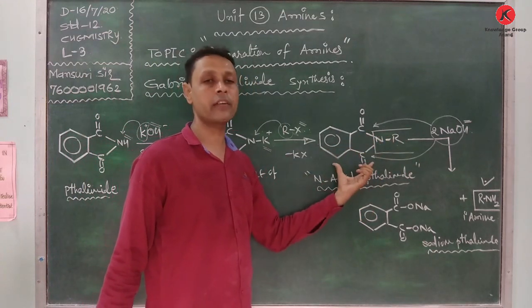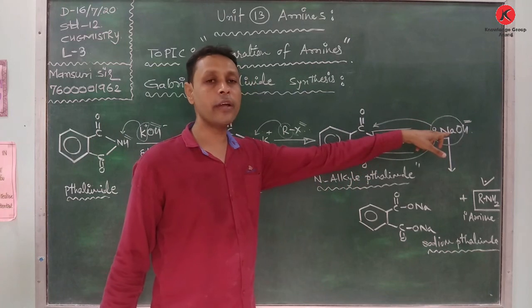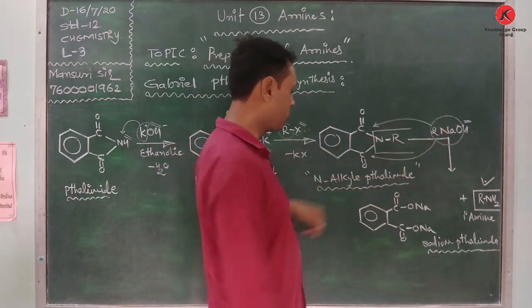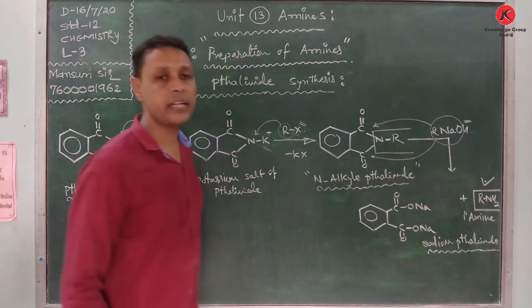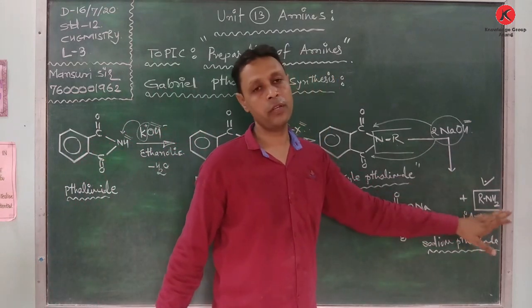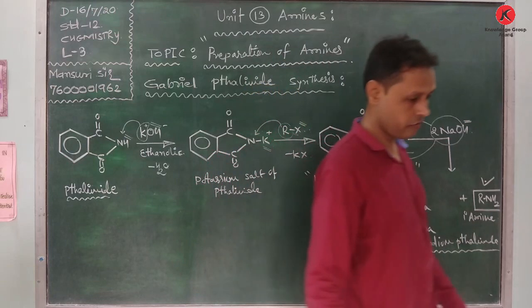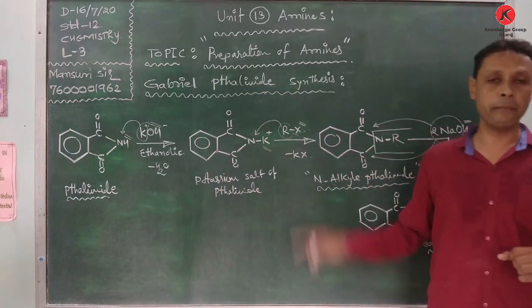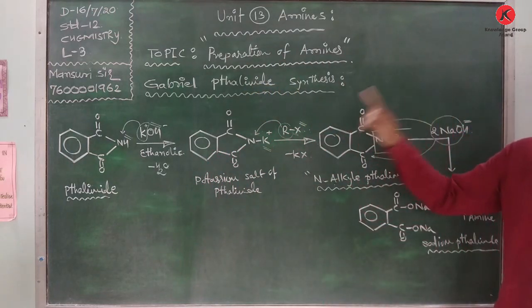After this product is obtained, NaOH solution is added to N-alkyl phthalimide, then primary amine is formed. So this reaction is only for making aliphatic primary amine.